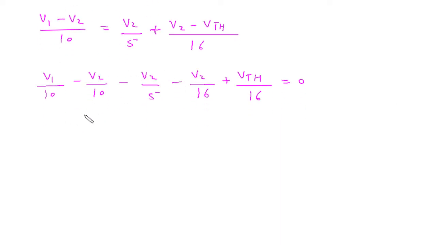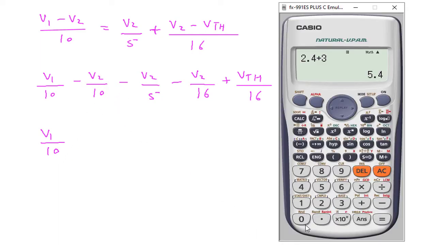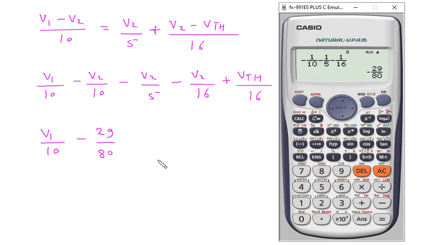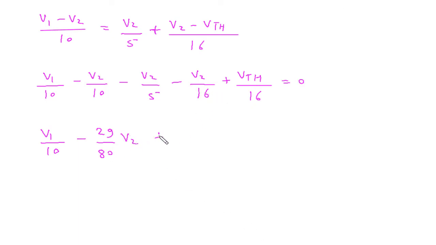Now this will be V1 by 10 as it is, then minus 1 by 10, minus 1 by 5, minus 1 by 16, this will be minus 29 by 80 V2 plus VTh by 16 is equal to 0. Let's say this is equation number 2.